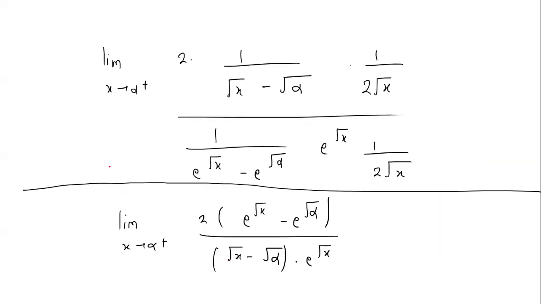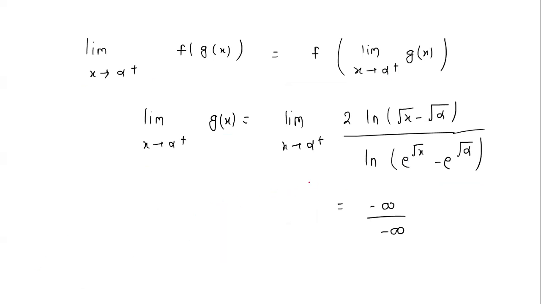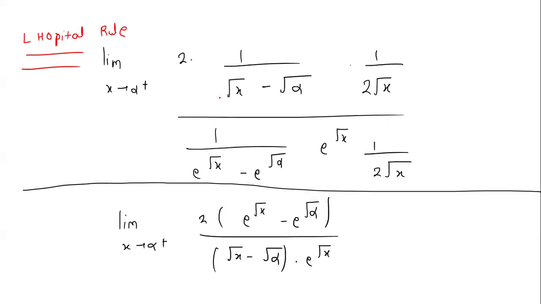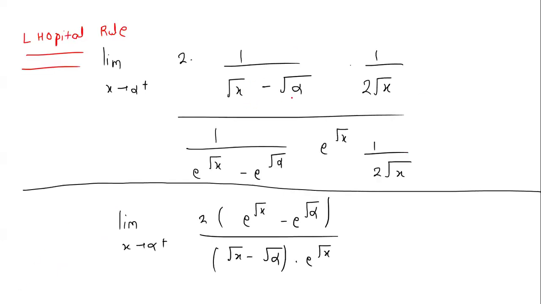So what we can do is apply the L'Hopital rule. In this rule, we can say that this limit is the same as the limit of the derivative of the upper side and the lower side. So let's do the derivative. The derivative of ln of root x minus root alpha is 1 divided by root x minus root alpha, times the derivative of the inside thing, where the derivative of root x is 1 divided by 2 root x.